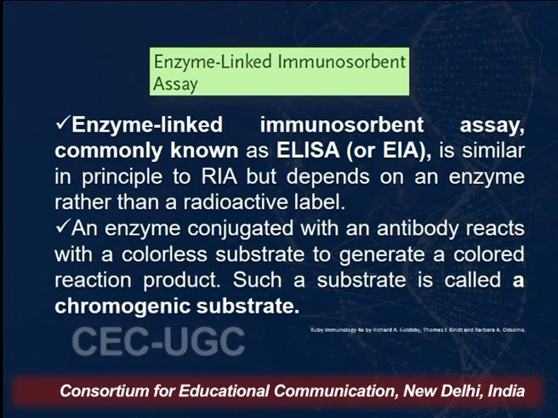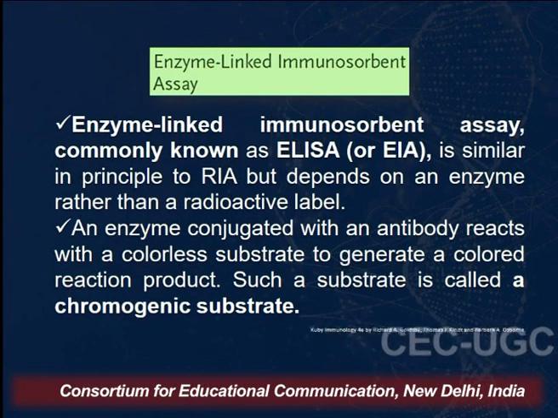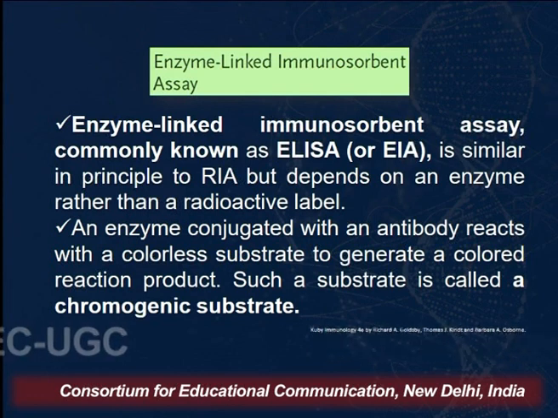So this method took advantage of certain probes, such as fluorochromes. Now, an enzyme which is conjugated onto the antibody reacts with a colored substrate to generate a colored reaction product, and such substrates are called chromogenic substrates.